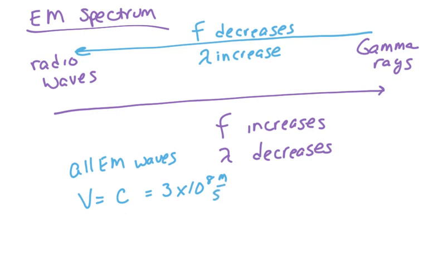They all travel at the same wave speed. That's why you get this relationship here, because we still use wave speed is equal to frequency times wavelength, or wavelength times frequency. All right, the last thing I'm going to talk about is those standing waves and resonance.